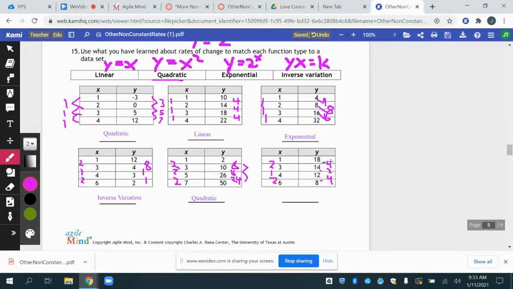Now here's what I would say. When this changes by a certain amount, that changes by double it, right? If I make a fraction of 2 and 4, that's going to be the same as the fraction of -2 and 1. It's going to be the same fraction every time. This actually is just like question 2 here, only instead of changing by the same amount every time, it's changing by different amounts sometimes. But when x changes by a different amount, so does y to match it. So this is still linear.